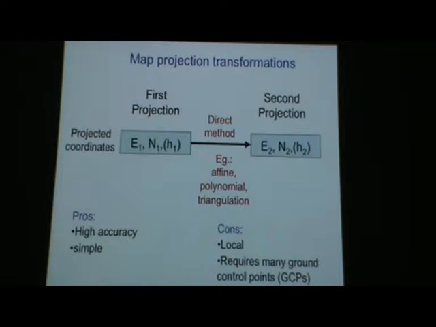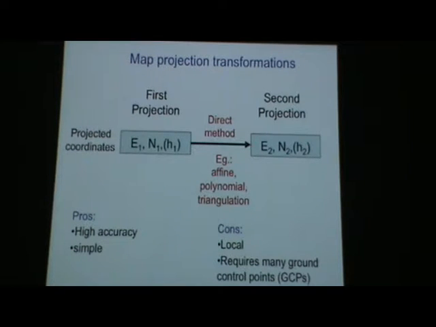What is the advantage of this method? If you have enough control points, then you can define a very fine structure to convert, so you can convert with high accuracy, and it's quite simple and supported by most of the GIS software.